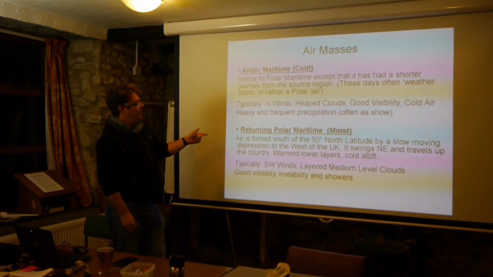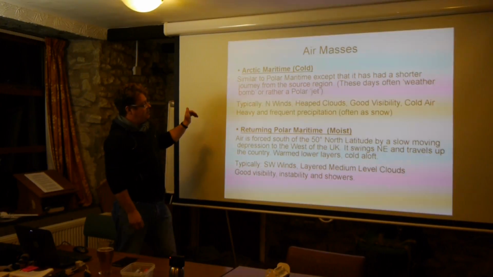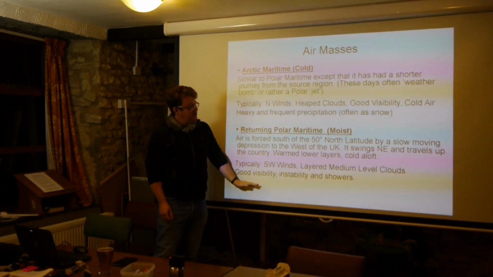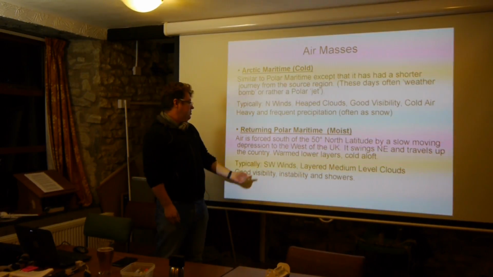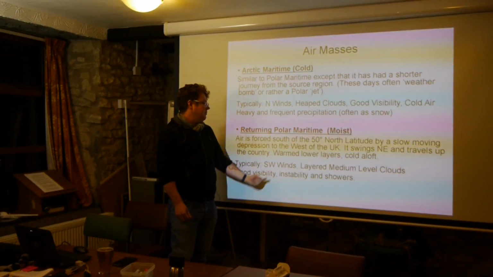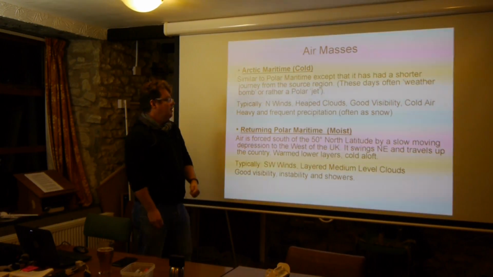Generally, you're talking about it when it's polar air that's been forced south of 50 degrees north latitude by a depression, and then it swings northeasterly and comes from a sort of southwest direction up the country.